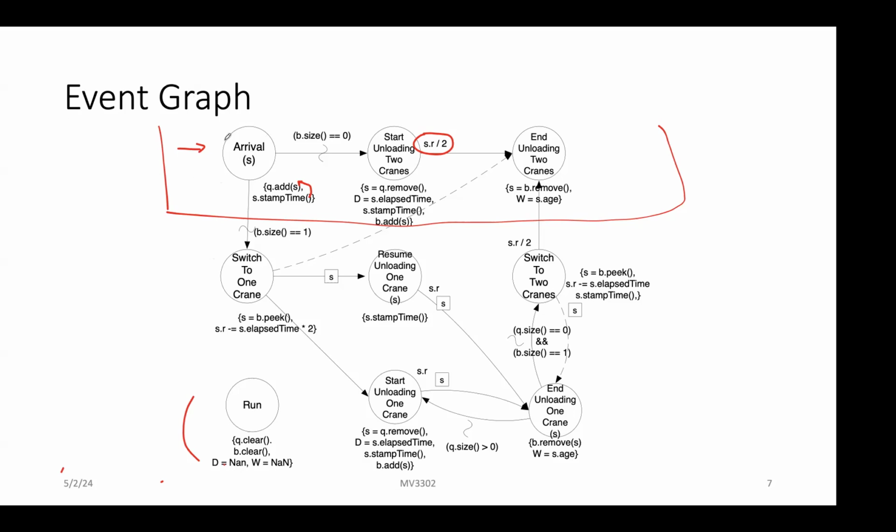In other words, that ship had shown up and gone through this sequence. In fact, this event has been executed, but its end unloading with two cranes event has not yet occurred. And what we need to do is switch to one crane for these, and then make sure everything is arranged.